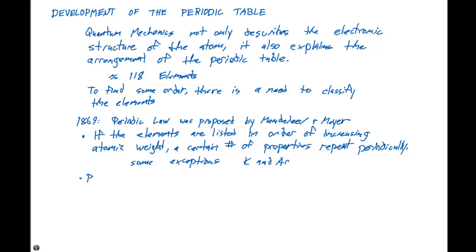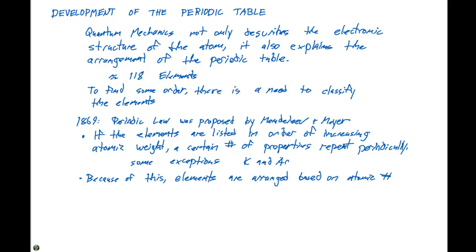So, because of this, elements are arranged based on atomic number. And a tabular arrangement of the periodic law is called the periodic table.